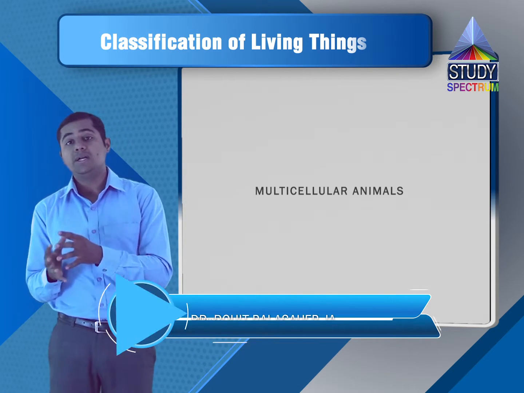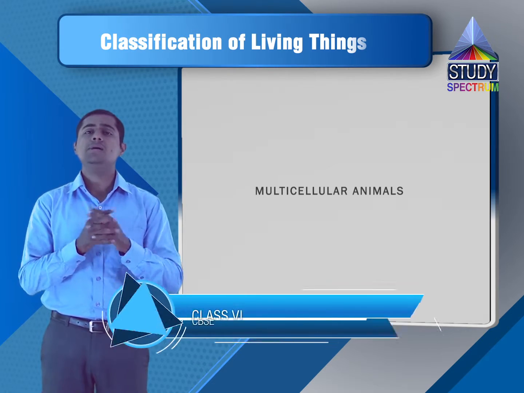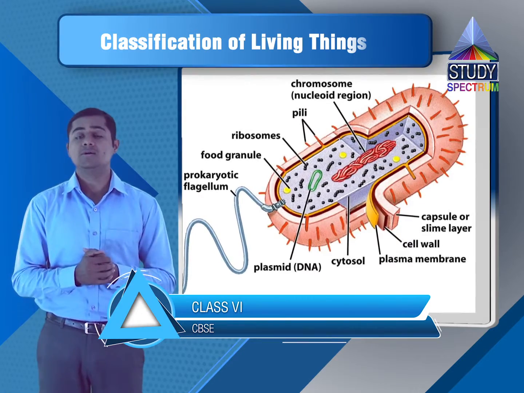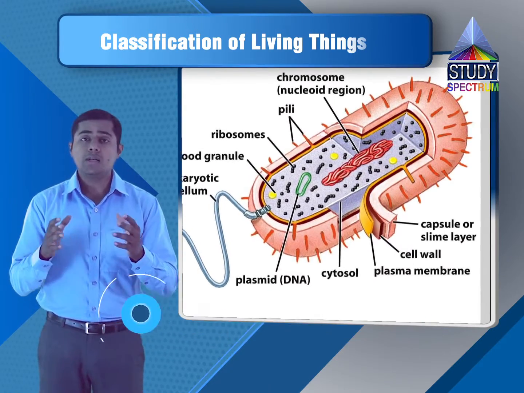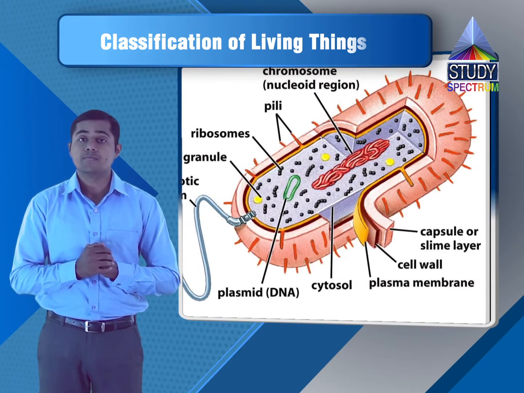Now, what about the multicellular? The animals which have millions of cells. Their body is made up of many cells. Those are multicellular animals. So there are n number of multicellular animals surrounding us.